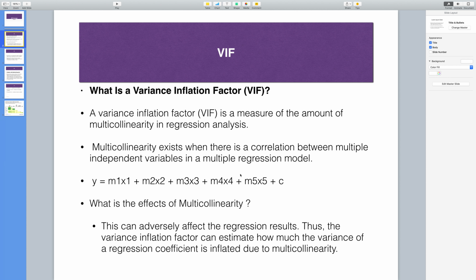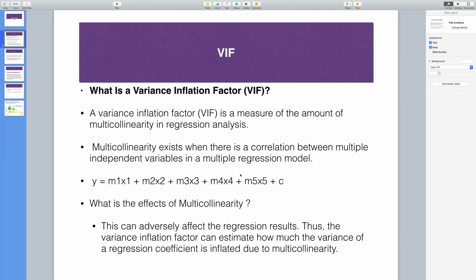Imagine the variable x1 and x2 have some kind of a correlation between them. What would happen? Well, that would affect our target variable prediction, and this is what we call an adverse effect on the regression results. Thus, the variance inflation factor can estimate how much the variance of a regression coefficient is inflated due to multicollinearity.